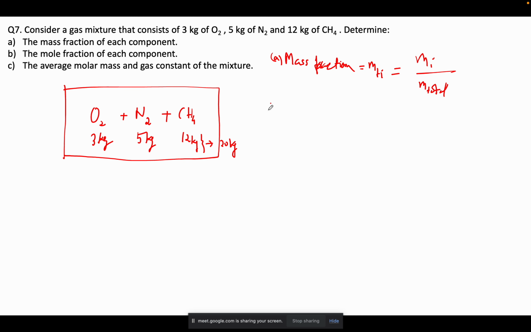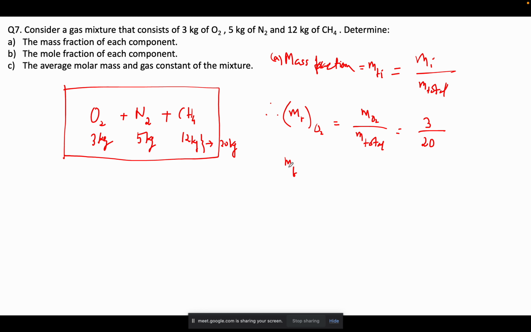Therefore MF, mass fraction of oxygen, is mass of oxygen divided by M total, so that will be 3 by 20.